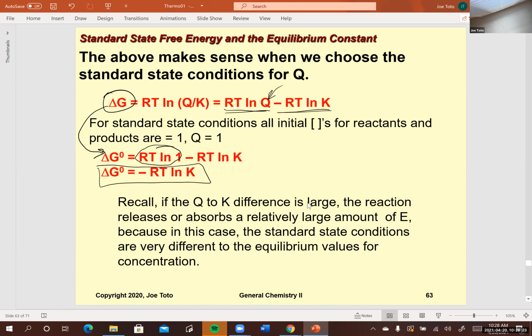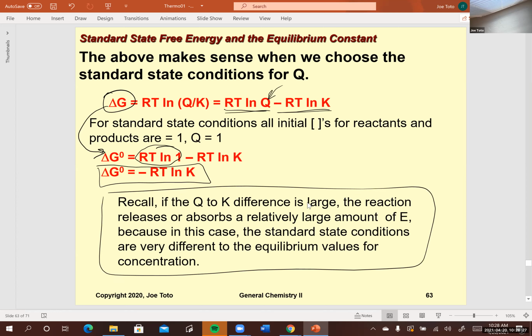All right, and so this last thing on the plate says, remember what the magnitudes of Q and K mean. When Q is different from K, that means that the reaction is not at equilibrium.